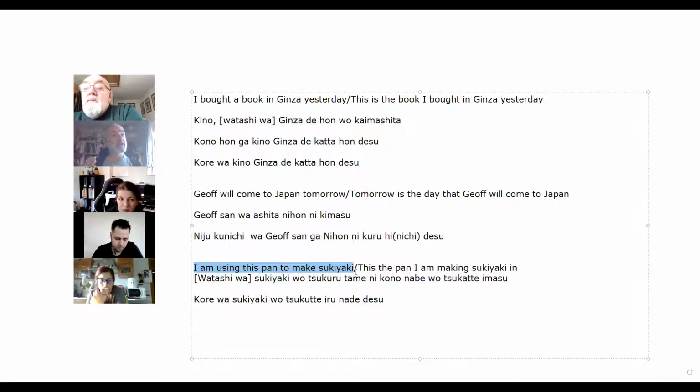Okay. So let's set ourselves the criteria. This is the one you're using now. Okay, so either way would be correct, no? If there wasn't any context about the time frame. Exactly.